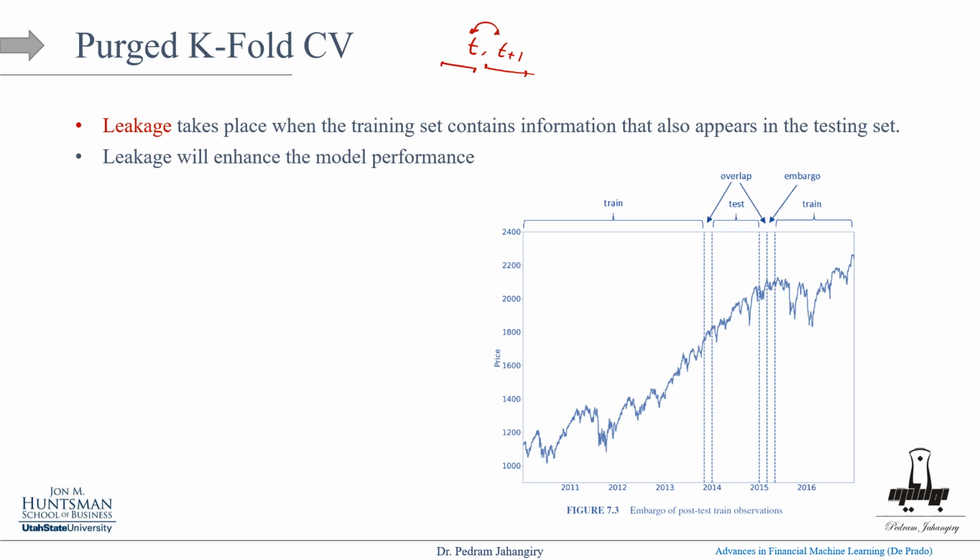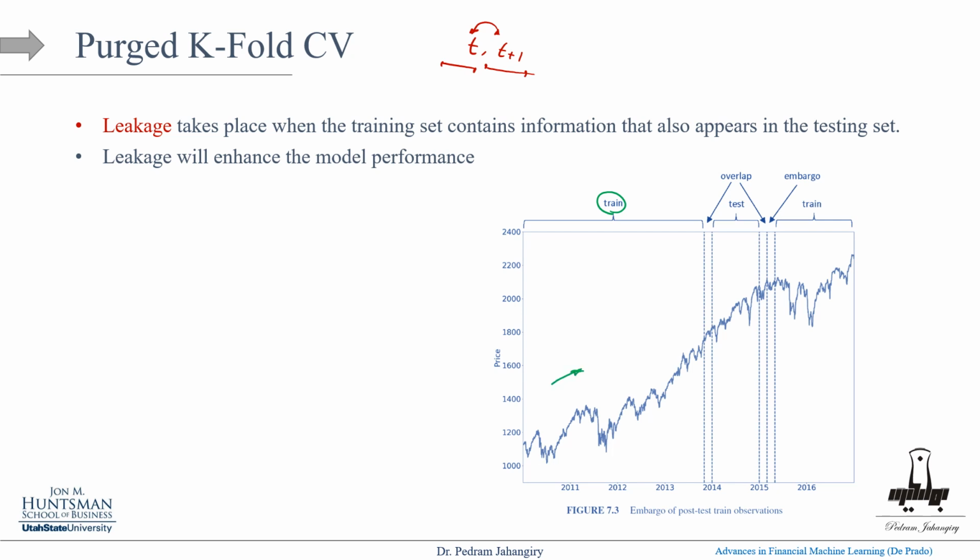So this is not surprising at all. And what's the problem of leakage? The problem is that leakage will enhance your model performance. So you're going to get fake model performance, right? So what is the solution? And actually, let me show you this one. So imagine this is your train set, and obviously you have a non-stationary data set here, the time series here.